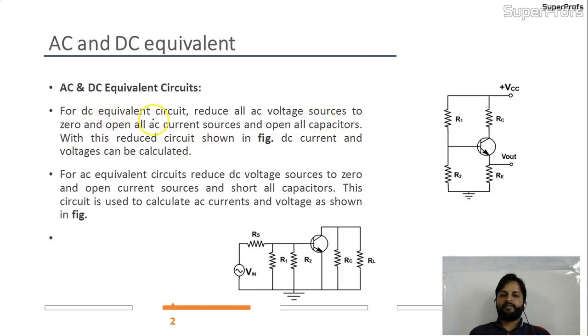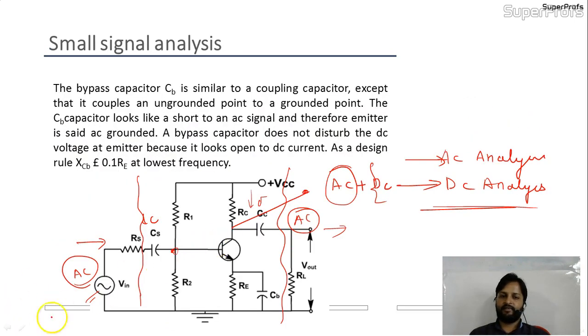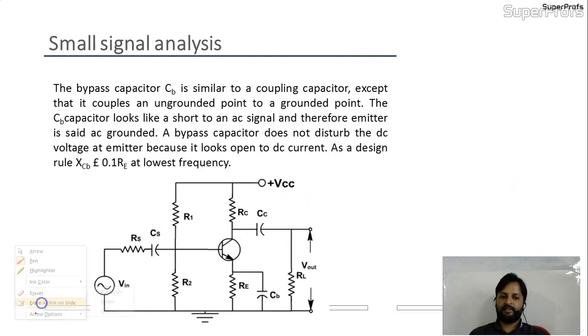So this part is clear to you. For the DC equivalent circuit, reduce all AC voltage sources to 0 and open all AC current sources and open all capacitors. With this reduced circuit shown in the figure, DC current and voltage can be calculated. See, this circuit is obtained from the previous one only. Let me erase some part.